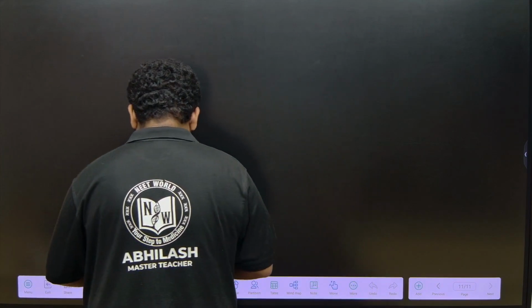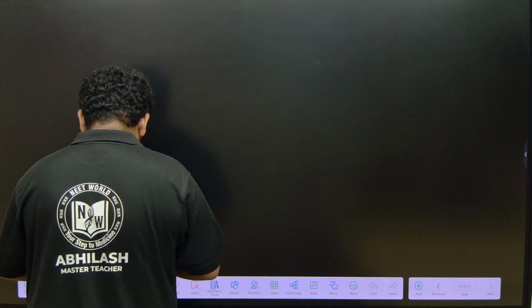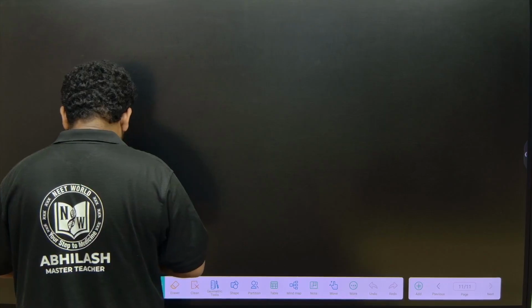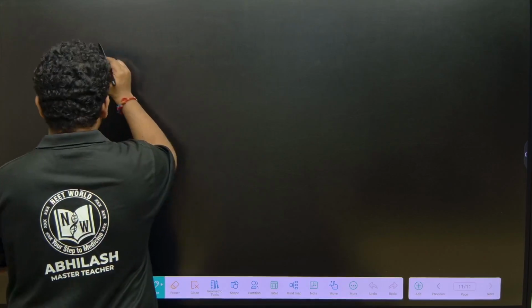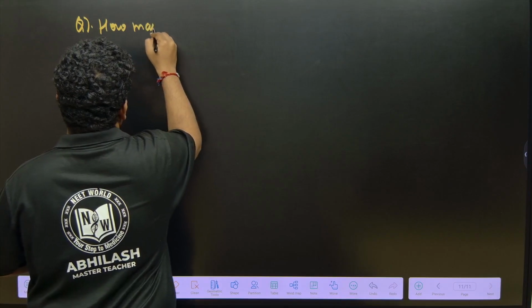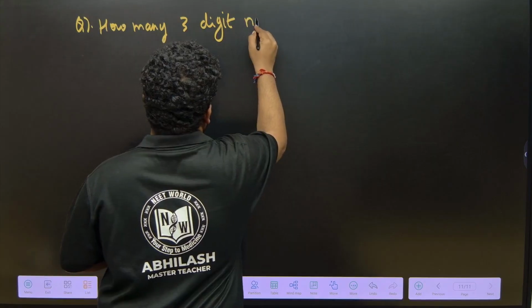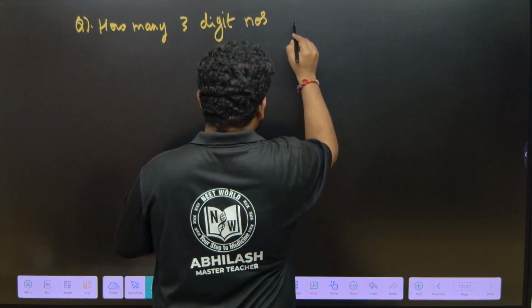The next question they are asking is, how many 3 digit numbers are there which contain at least 1 seven?